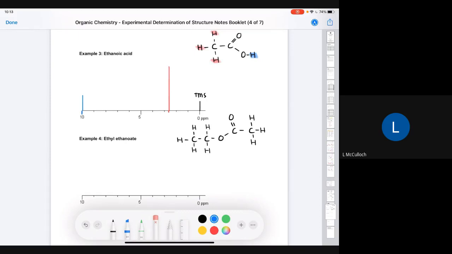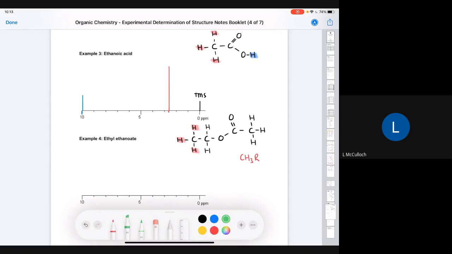Okay, so there are 3 hydrogen environments in ethyl ethanoate. We have these 3 hydrogens here that are all bonded to the same carbon, so they're all automatically in the same environment. And that environment is a CH3. It's bonded to an R group.